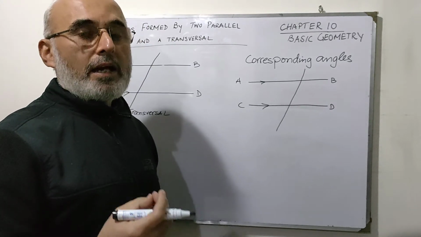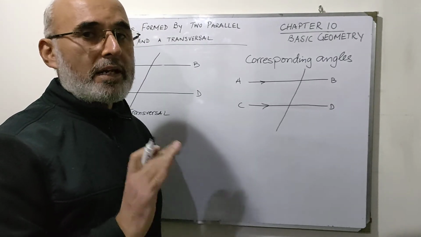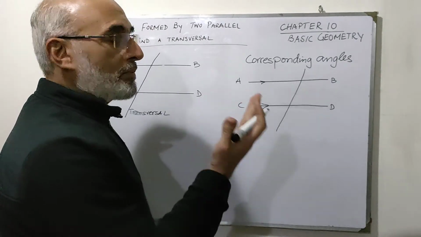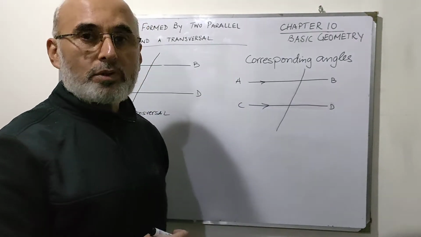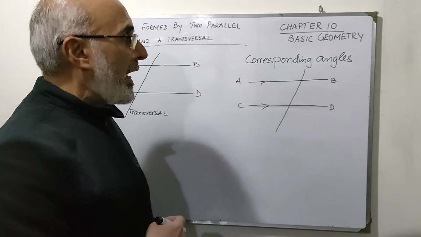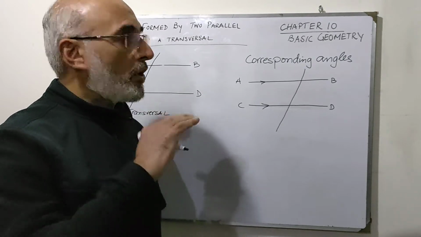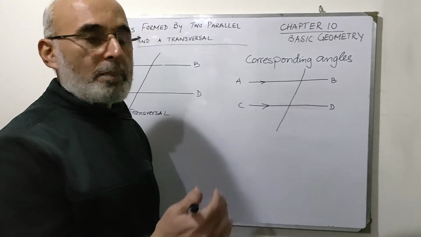These are the angles which occupy the same relative position. That is, they are on the same side of the transversal, the line which is intersecting both the parallel lines, and they have the same corresponding position with respect to the parallel lines.